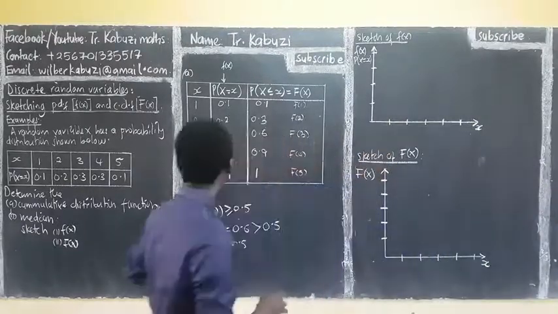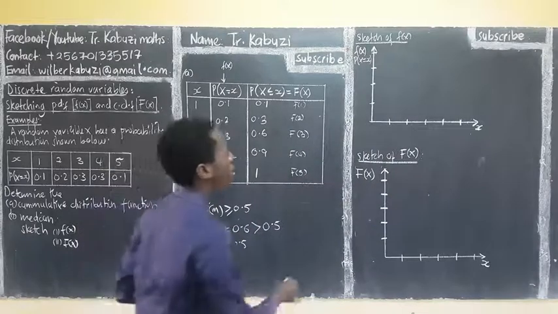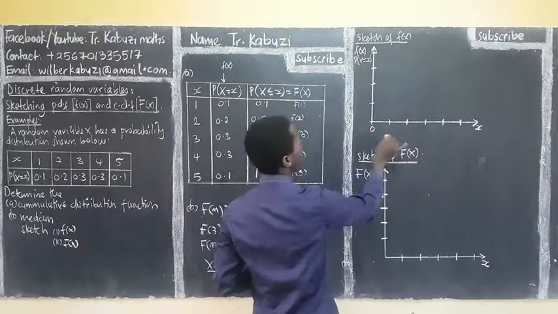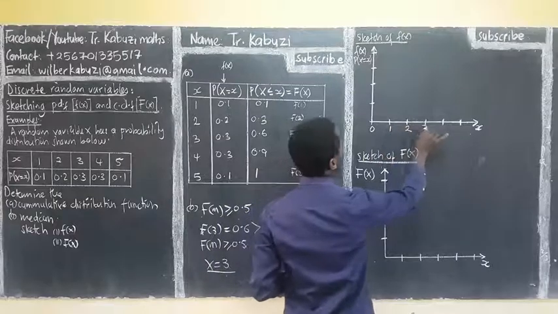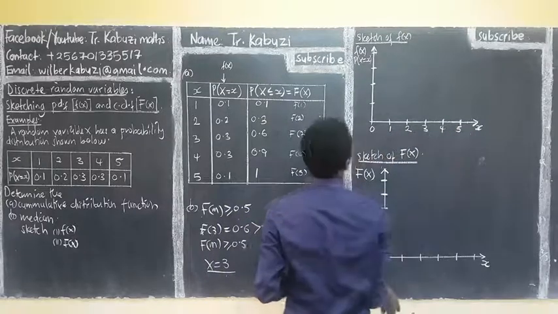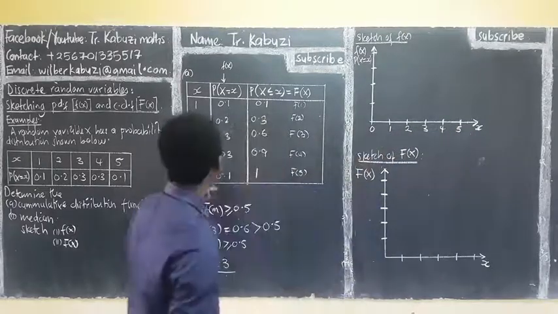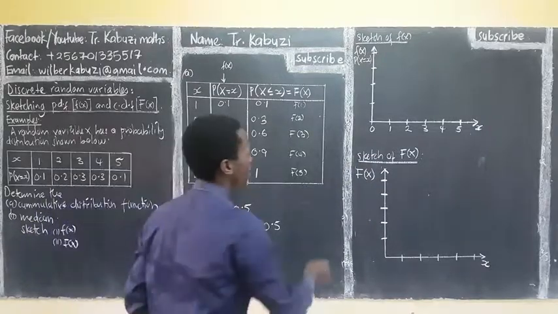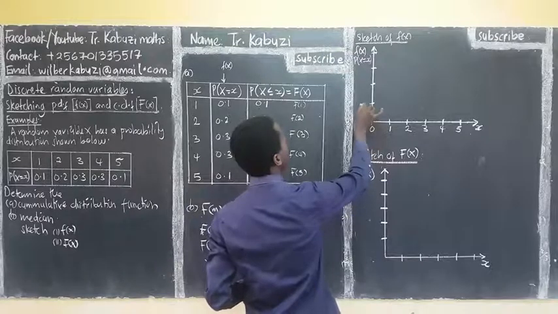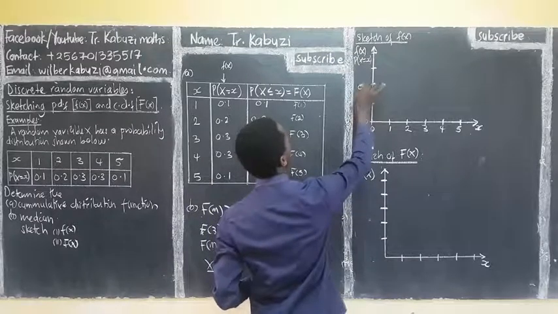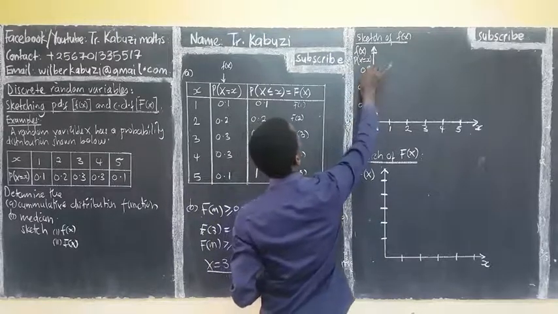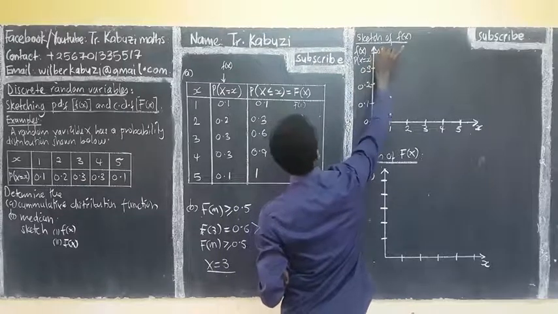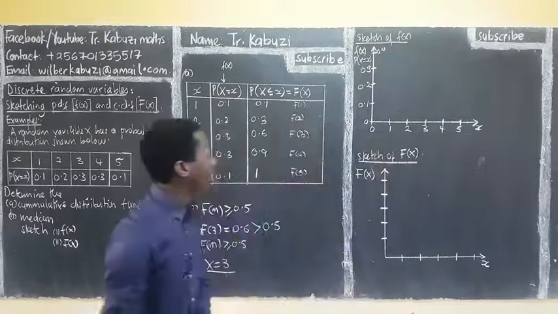My x is from 1 to 5, so I'm going to say this is starting from 0, 1, 2, 3, 4, and 5. Then for this one I can use the highest 0.3, so I can use 0.1 as the scale: 0, 0.1, 0.2, 0.3, then 0.4. Like that, a uniform scale.